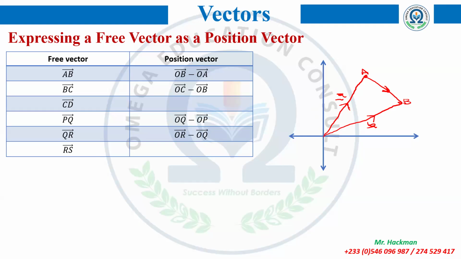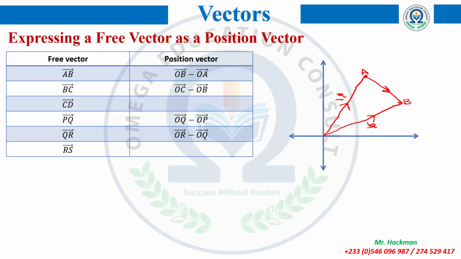So if I want to move from A to B, because that's the direction, I can move from A to O, then O to B. I'll still move from A to B. Do you agree? Okay, now I'm dealing with position vectors, so anytime I'm moving, O should be in play.